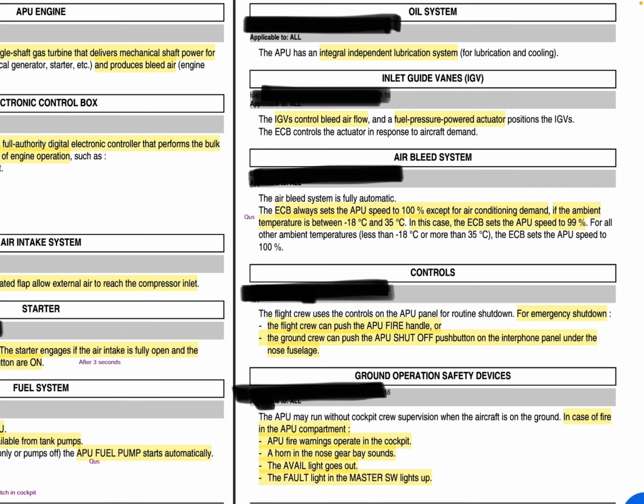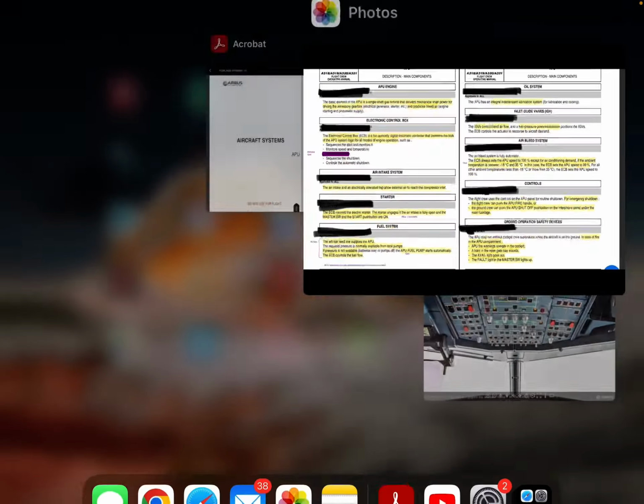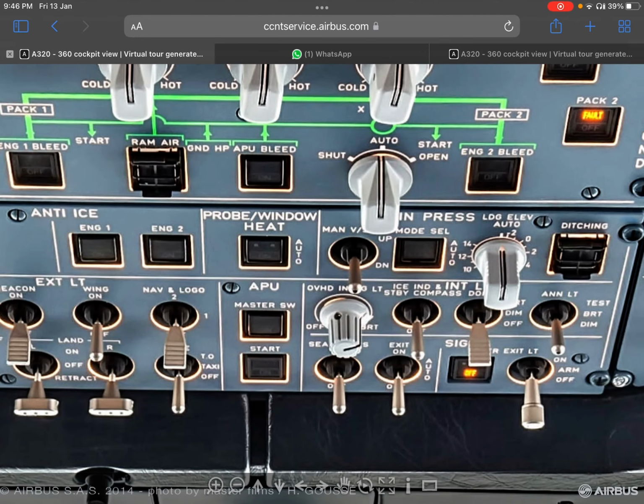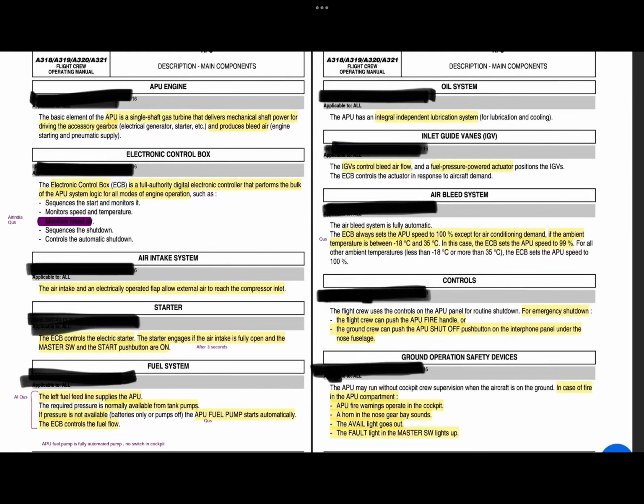So we have APU fire warning in the cockpit. It's an aural warning. There are visual warnings also. There is a horn in the nose gear base near the 108 VU panel. I have shown you before. The avail light goes out, the avail light from this switch, and the fault light in the master switch lights up, right?